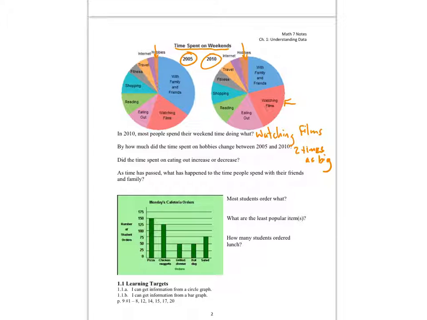So then you might get a question that says, did the time eating out increase or decrease from 2005 to 2010? Why do you say increase, Ethan? Because the eating out in 2010 is bigger than in 2005. Yeah. As time has passed, what has happened to the time people spend with their friends and family?